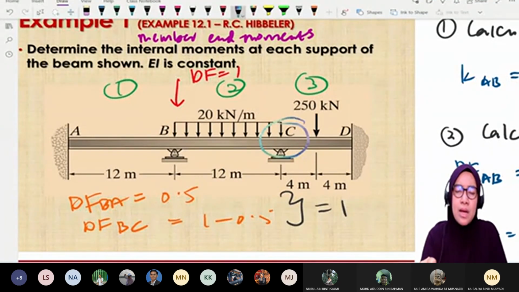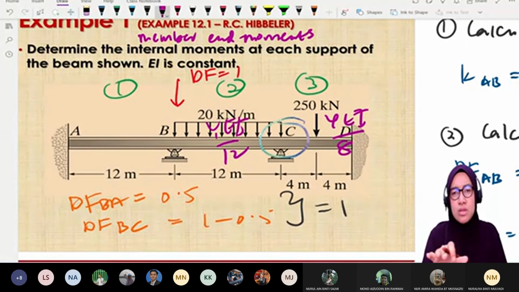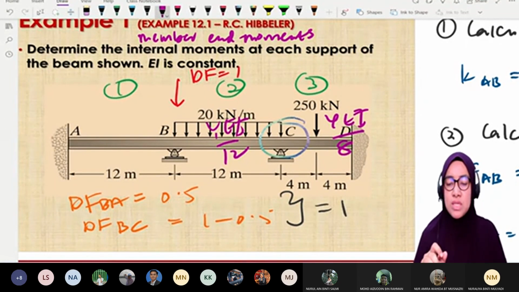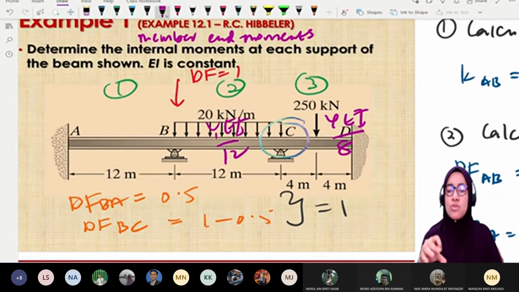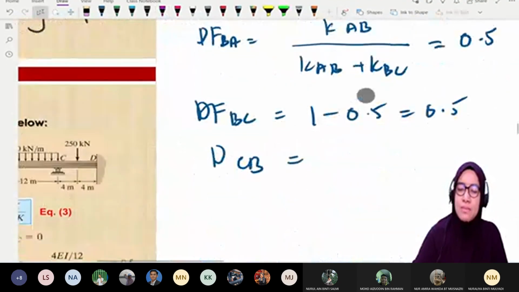To calculate the distribution factor for CB and CD, we have to consider these values, 4EI over 12 and 4EI over 8. We use these values in total, so total the K for C for the denominator, and the numerator we do one by one.